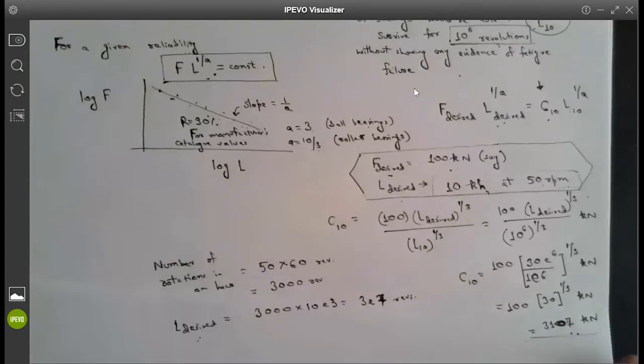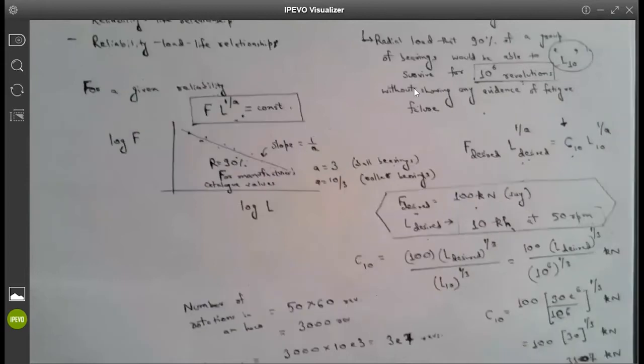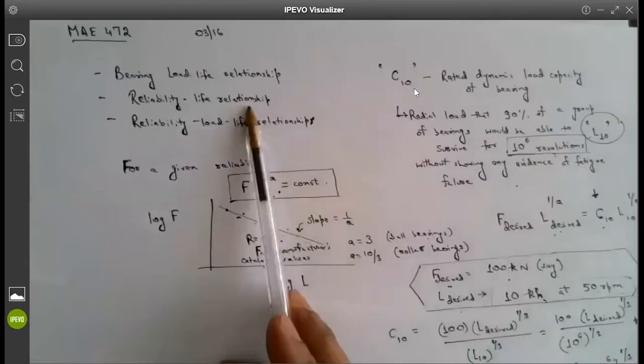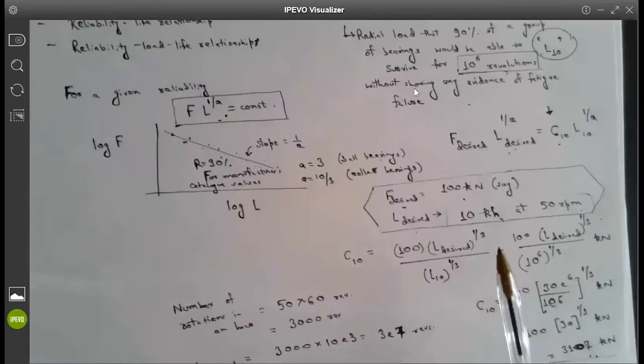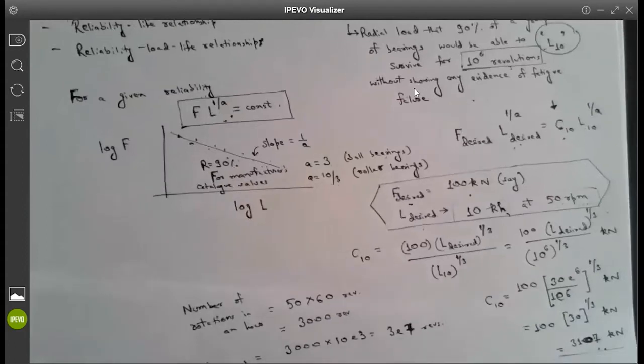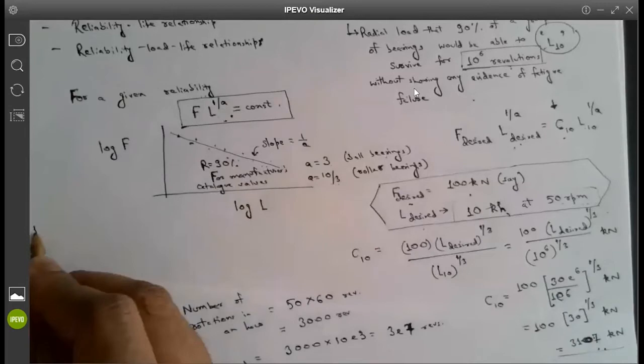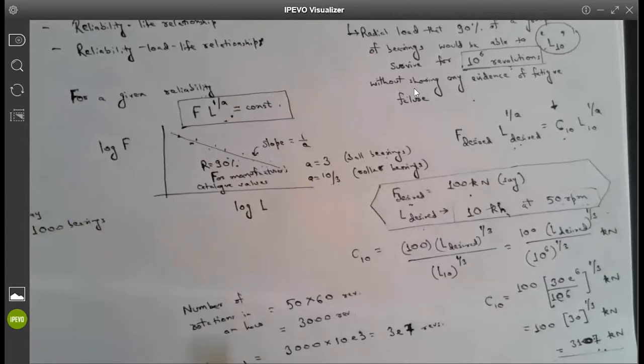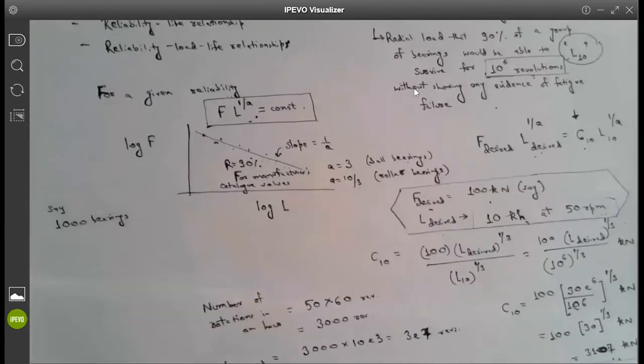Yes. Great. Now what we will be seeing is what the reliability-life relationship is. Remember, what we are basically doing here is for 90% reliability. As we were discussing last week at the end of the lecture, 90% reliability is probably not a good number. Say you are working with 1,000 bearings, in your product, which can be a lathe machine, a milling machine, any type of machine, or a 3D printer, or you are working in the automotive industry.